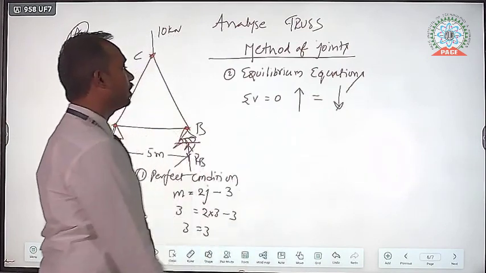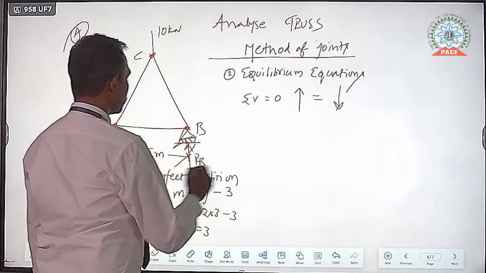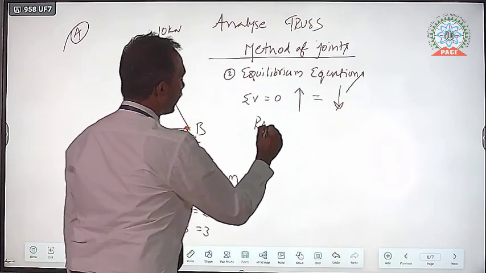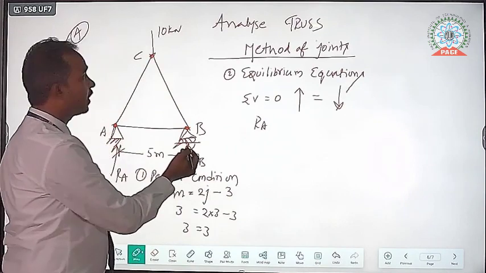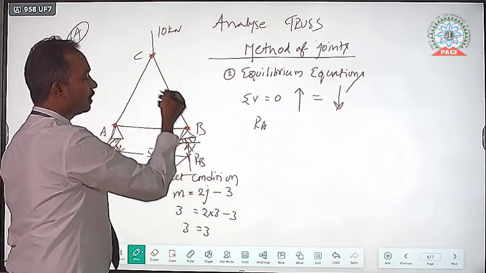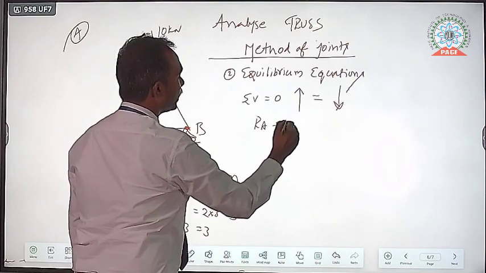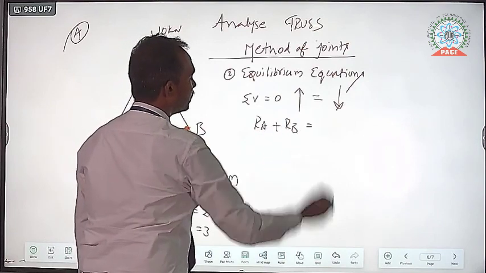Here RA is in upward direction and RB is in upward direction. 10 kilonewtons is downward. RA plus RB is equal to 10 kilonewtons.